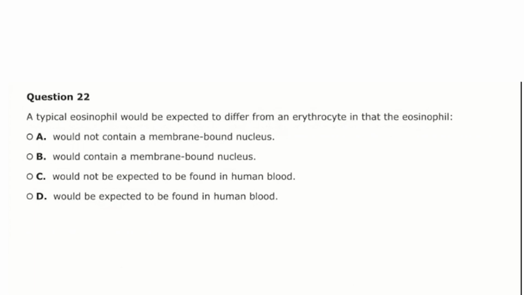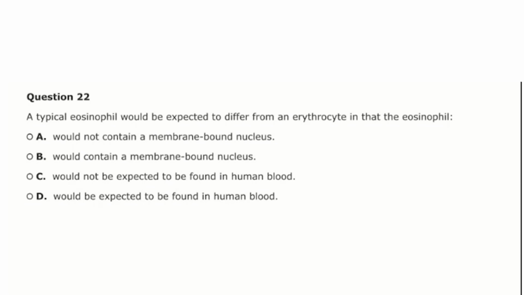All right, 22. A typical eosinophil would be expected to differ from an erythrocyte in that the eosinophil: A, would not contain a membrane-bound nucleus. B, would contain a membrane-bound nucleus, so the opposites. C, would not be expected to be found in human blood, or D, would be expected to be found in human blood.